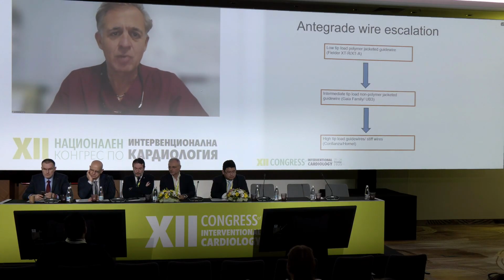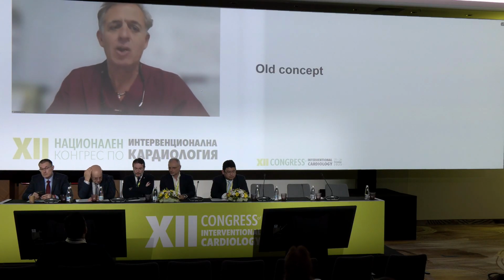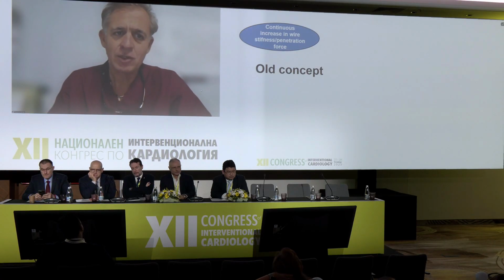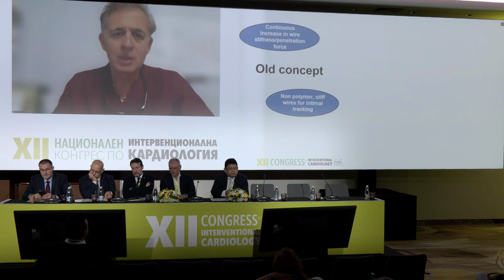This is normally what we say about antegrade wire escalation, but this is an old concept. In this concept, you continuously increase your wire stiffness to increase your penetration force, and more or less try to have intimal tracking with a very stiff wire.